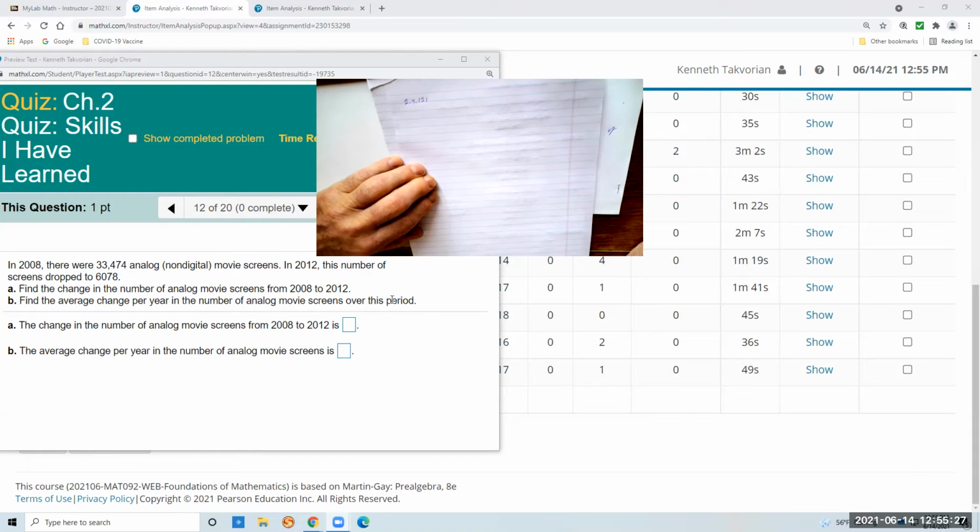Well, there's two ways of looking at this. I noticed it dropped, so the answer should be a negative number. So I could just subtract the final answer from the original and put a negative because we dropped in value rather than increasing in value. Or note the word change. The word change means subtract.